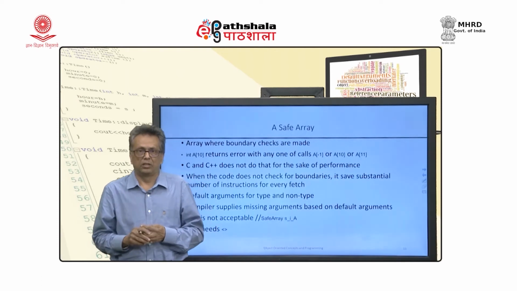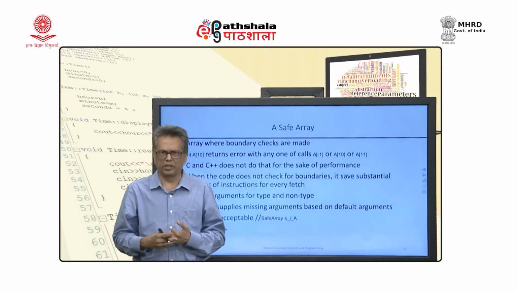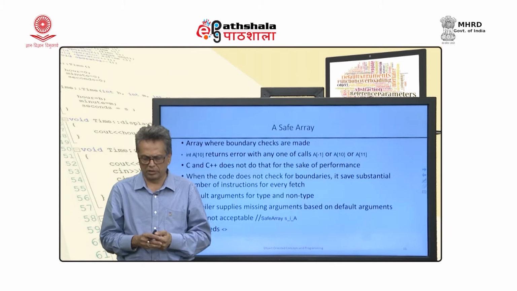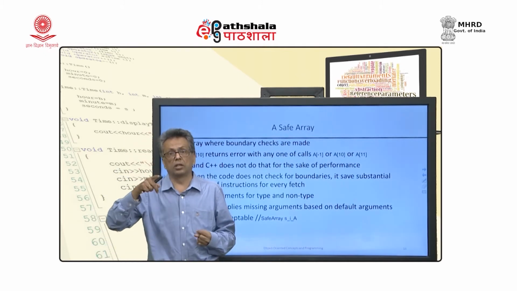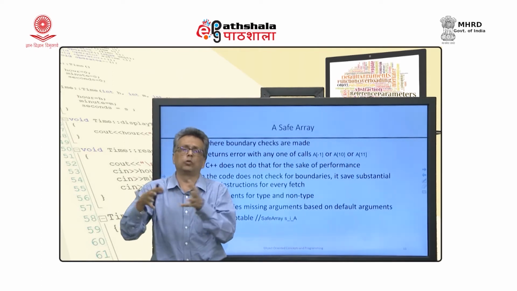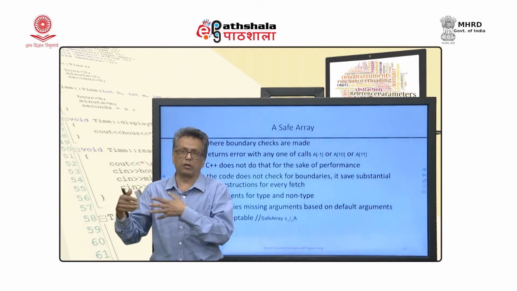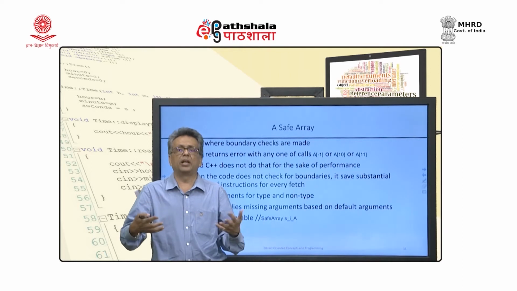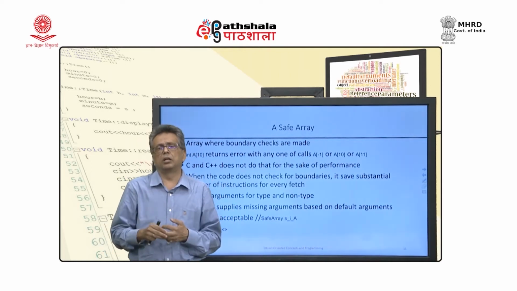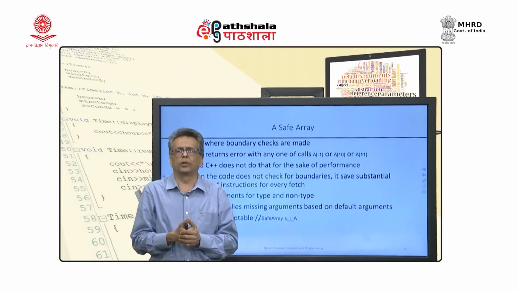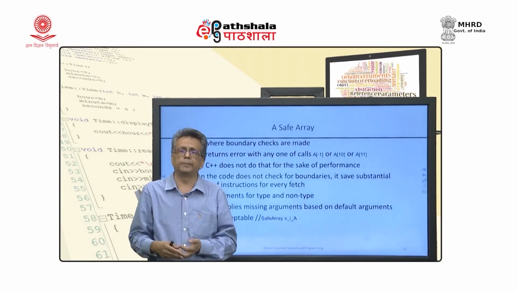Why does it not check the boundary, you may ask. The code that you write, for example, A1 equal to 5 and A23 equal to 7, the compiler will convert into object code. One of the critical design goals of C++ and C as well is efficiency.